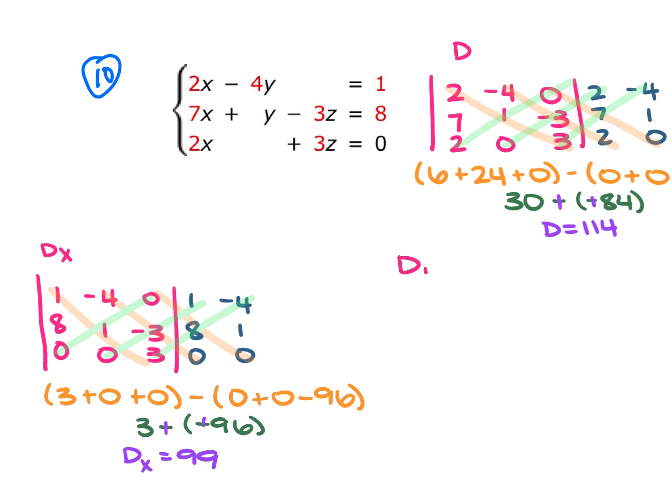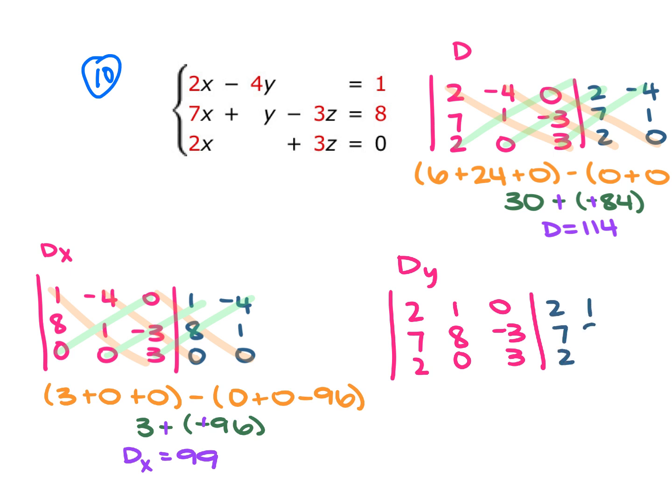Next, find d sub y. So you're going to keep your x values of 2, 7, 2. Y values become answers 1, 8, 0. Z values stay 0, negative 3, 3. Rewrite the first two columns. So that's 2, 7, 2, and 1, 8, 0. You are going to multiply top to bottom to start, and then bottom to top.